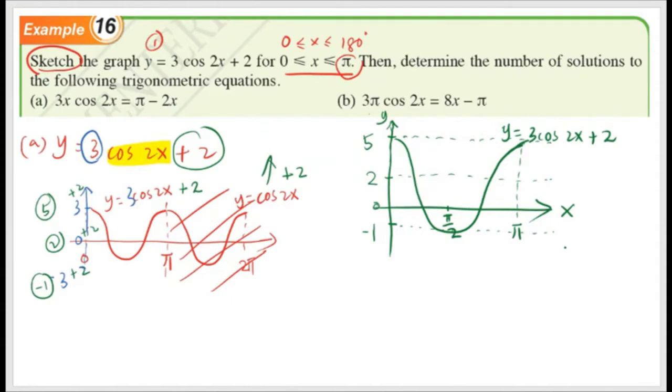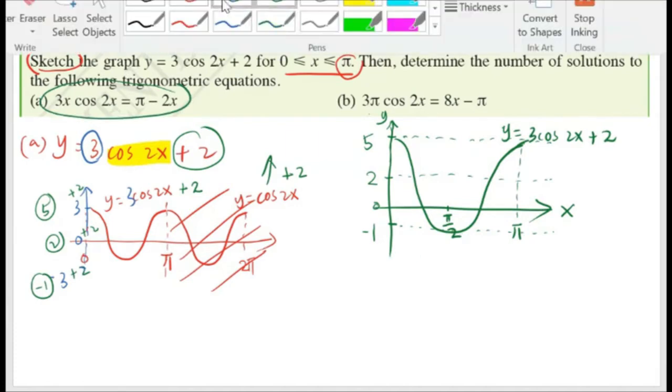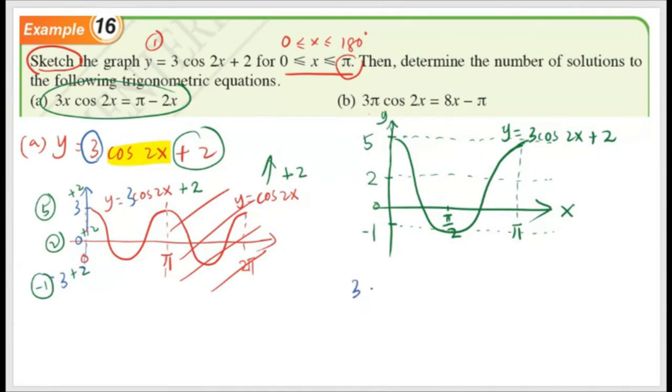Then we go to this part now. We have to draw another line for 3 cos 2x equal to pi minus 2x. What is the relationship between the second equation and the first equation?